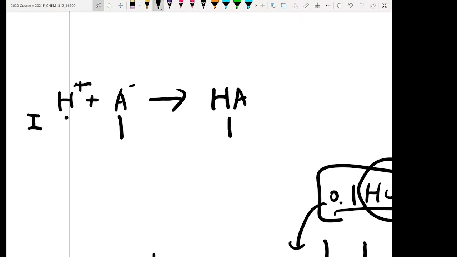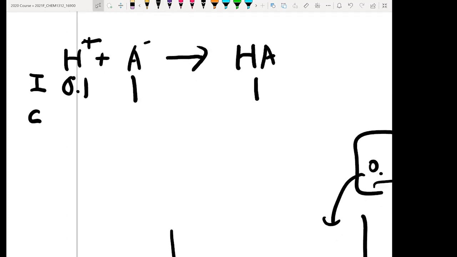What you do now is add in 0.1 M H plus. So the acid is going to interact with your base. That's going to produce its conjugate acid. So the change is going to happen. Right now, which one is the limiting reagent? H plus, right? Because H plus is only 0.1. You have a substantial amount of the buffer system.